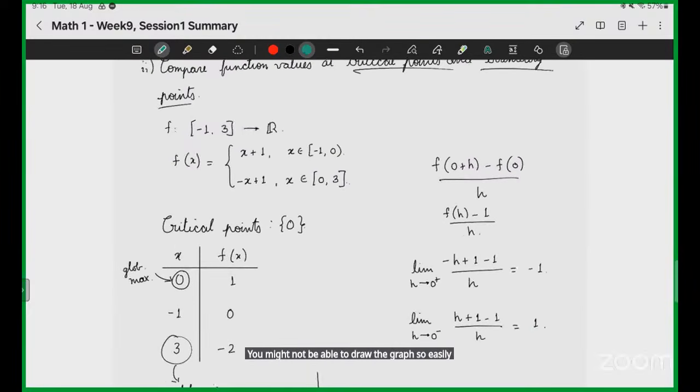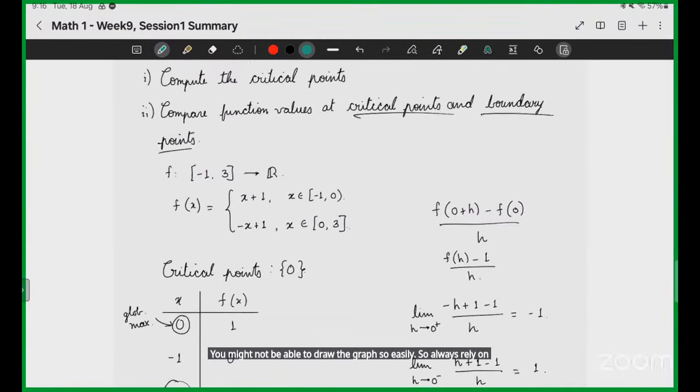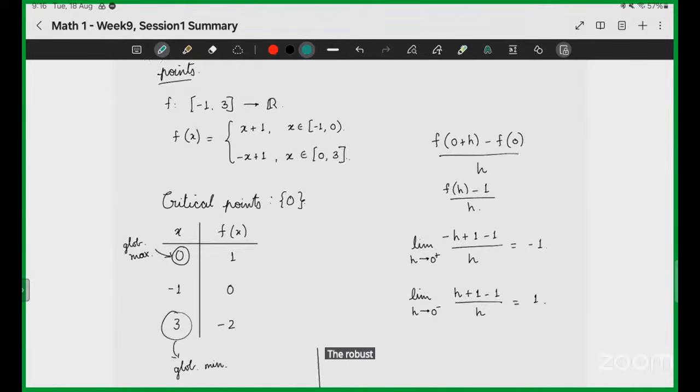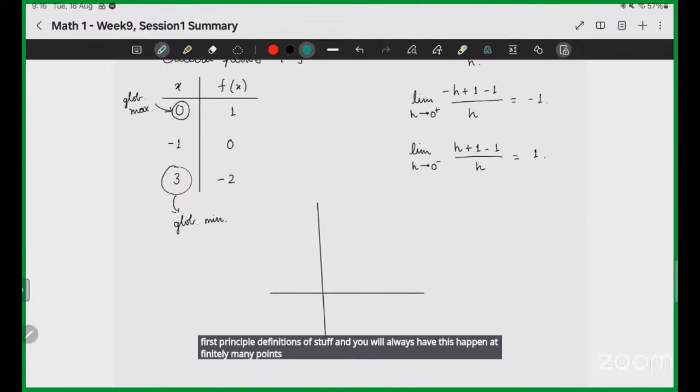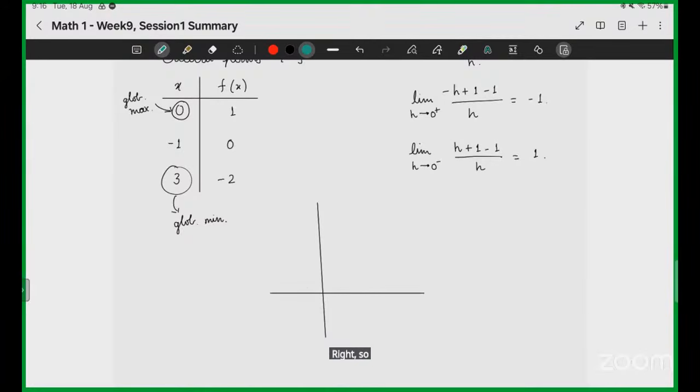So always rely on the robust first principle definitions, and you will always have this happen at finitely many points, at least for the problems that you'll be given in this course. Right. So now the function from -1 all the way up to 3. So we have 1, 2, 3 roughly.